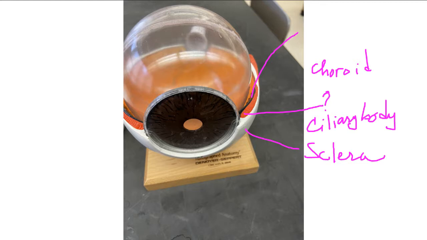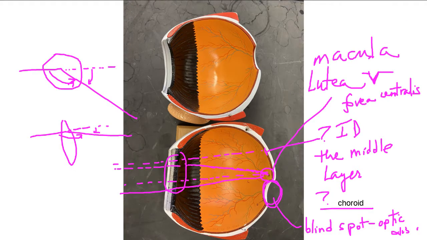So the black one is called the ora serrata, meaning jagged, like a serrated knife. All the black thing is the ora serrata. See all of this is the ora serrata.